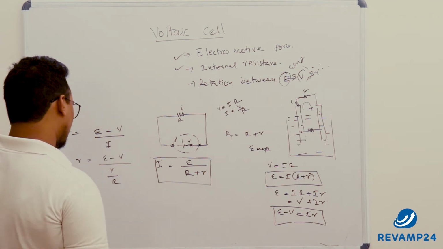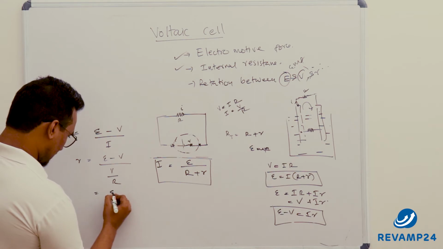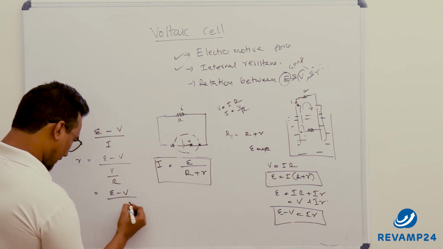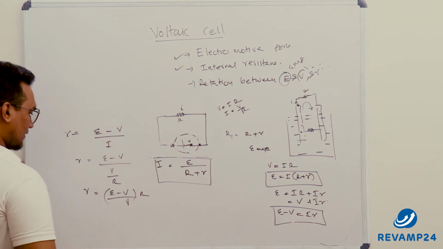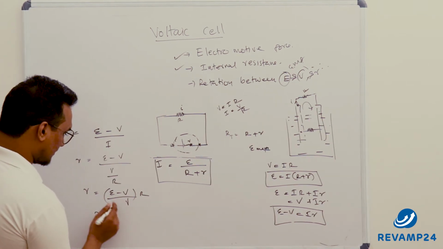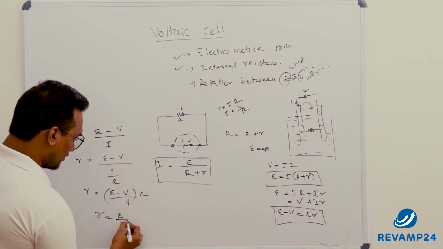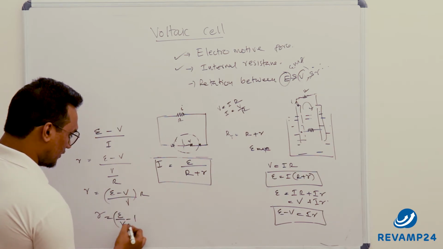Now take the reciprocal and multiply, that is E minus V divided by V into R is the internal resistance. So internal resistance r equals E by V minus V by V, which is 1, into R.